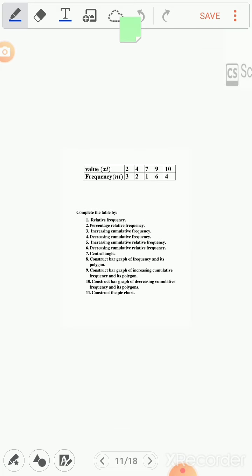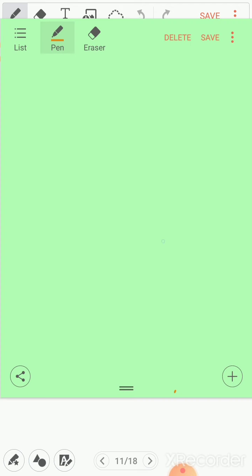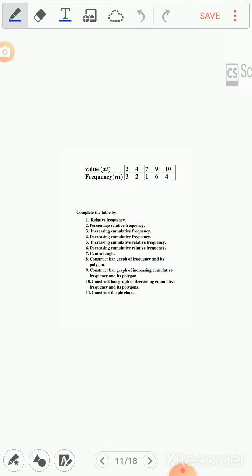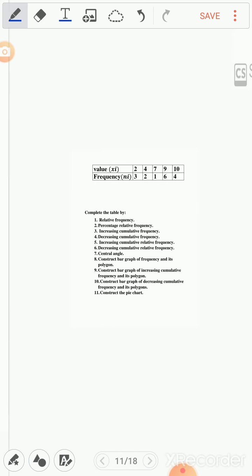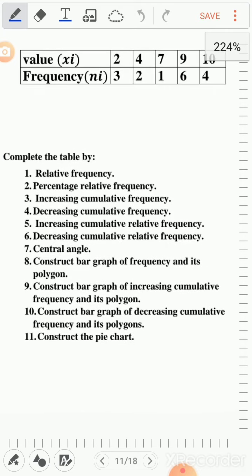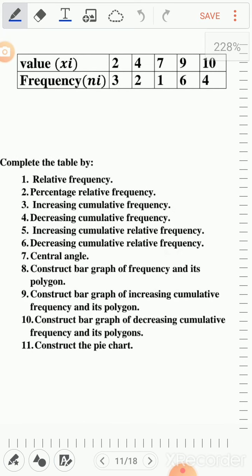Now let us solve this exercise. Consider this survey. The values are 2, 4, 7, 9, and 10. Frequency ni is 3, 2, 1, 6, 4.